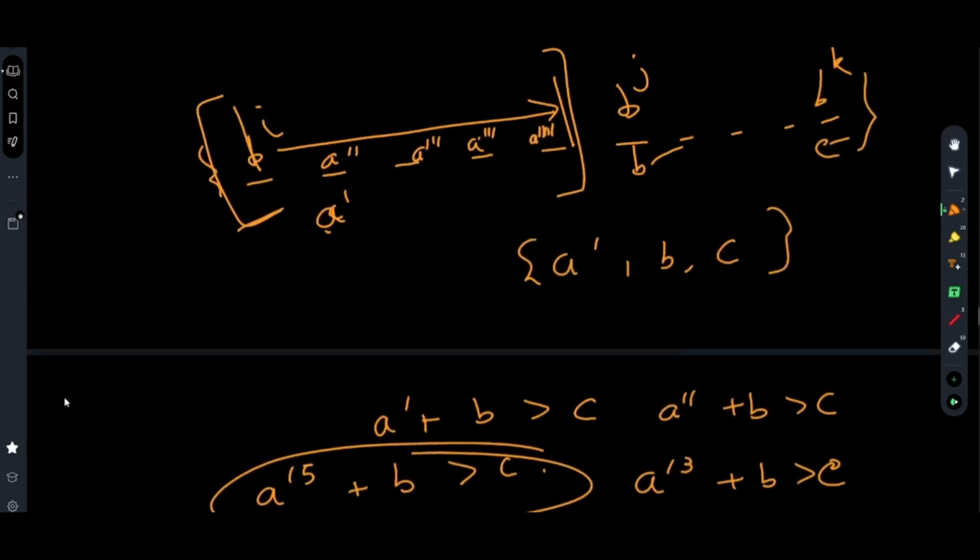Now A5 dash, B, C can be a valid triangle. Why? Because A dash, B, C is a valid triangle, and that is because A5 dash is greater than A dash.